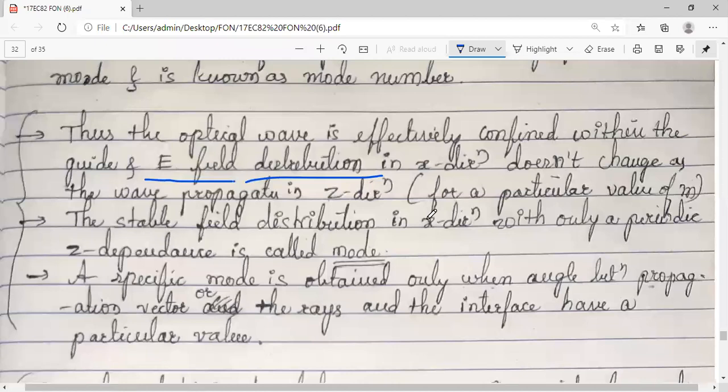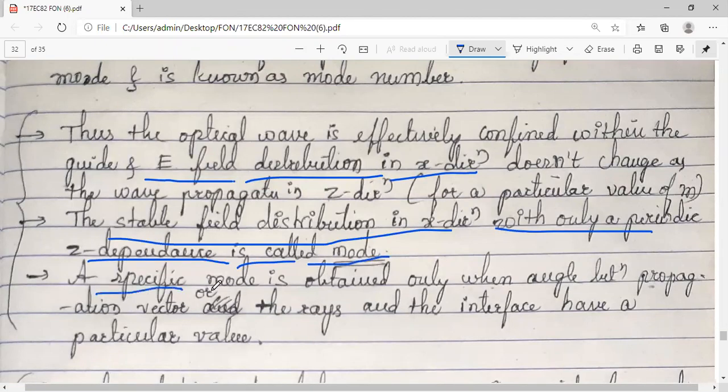Wave propagation is in the z direction, so it is the x direction field distribution. This field distribution in the x direction with only a periodic z dependence, which we will see in case of hybrid, is called the mode.